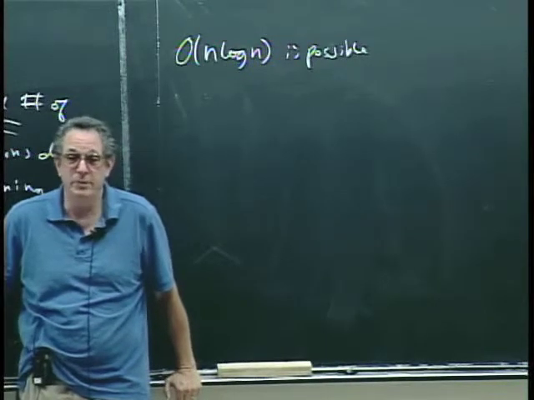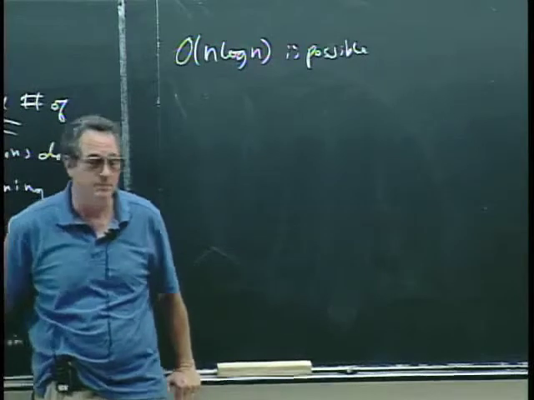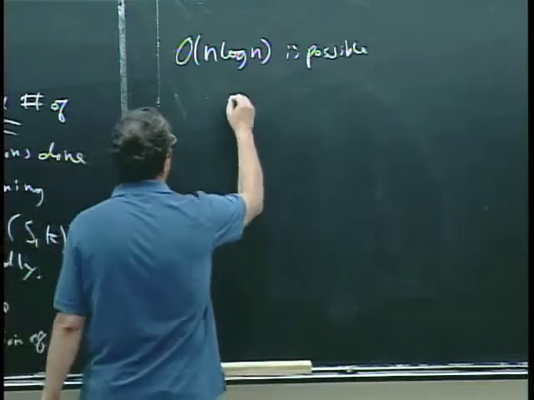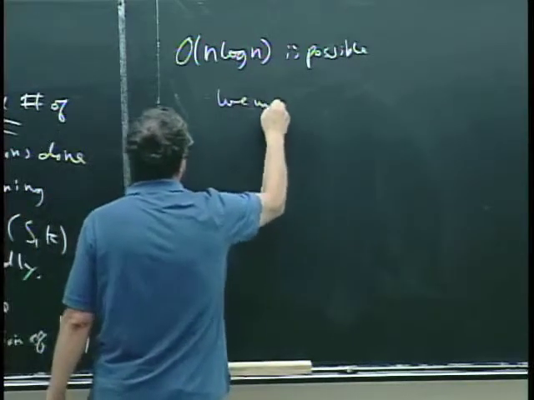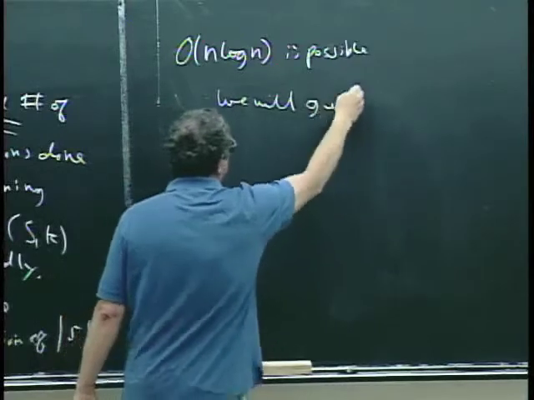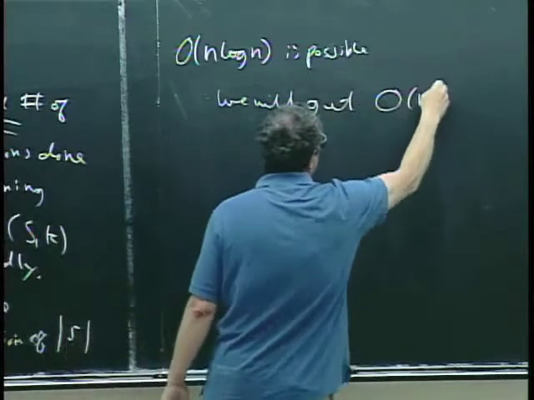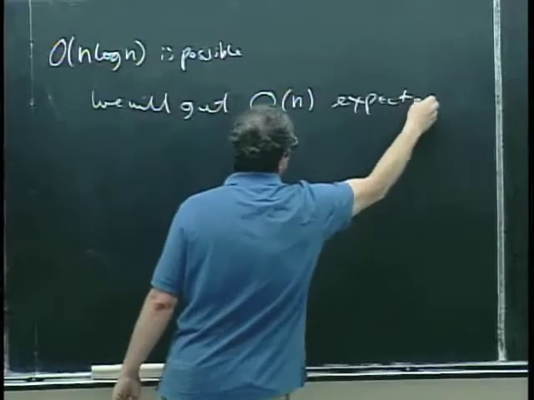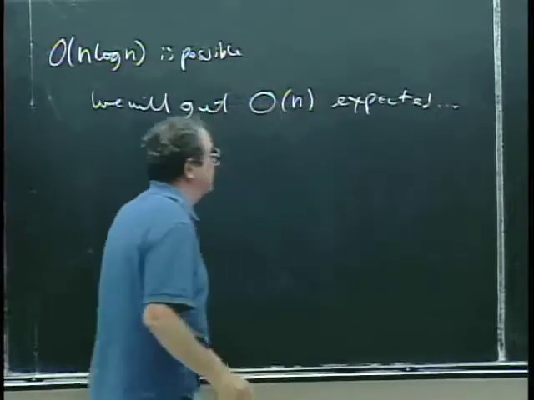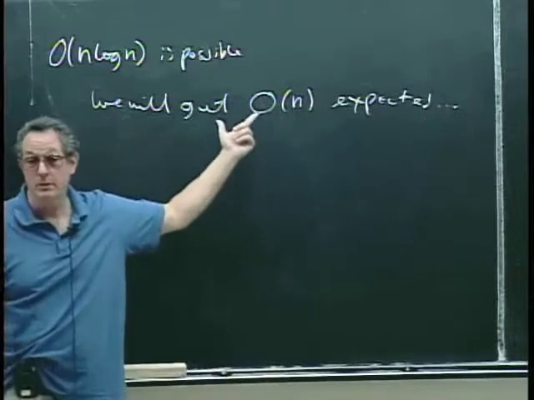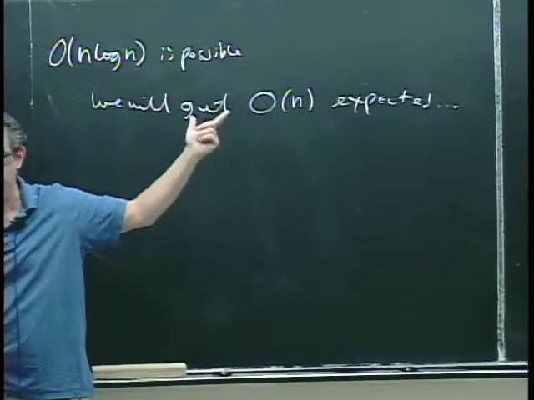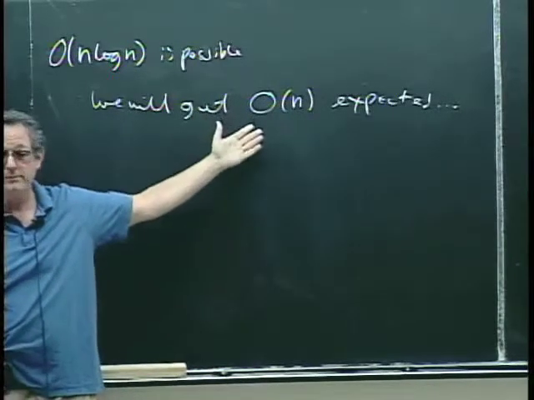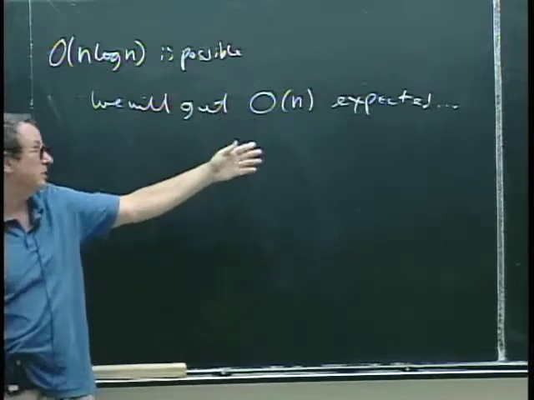Yeah, n log n would be a good guess, but in fact, we're going to get order n expected. That's what the expected number of comparisons is going to be. It's going to be linear in the size of the input set.